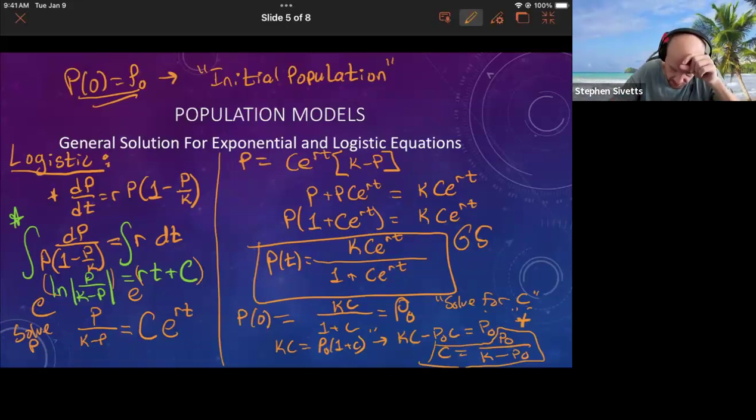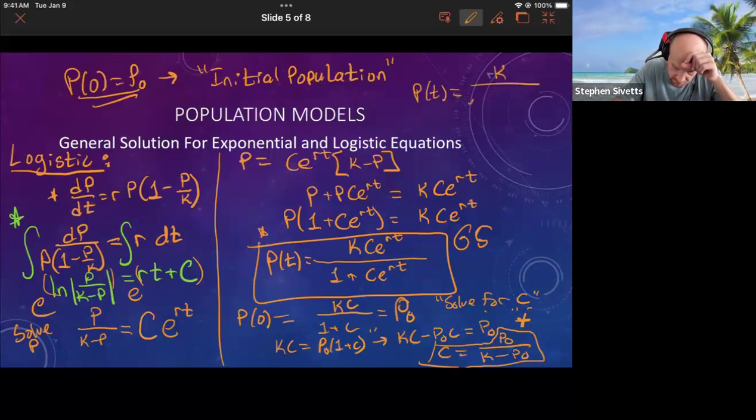And then essentially another way is if we multiply the numerator and denominator of the logistic equation by e to the minus RT, right? This is just another way.